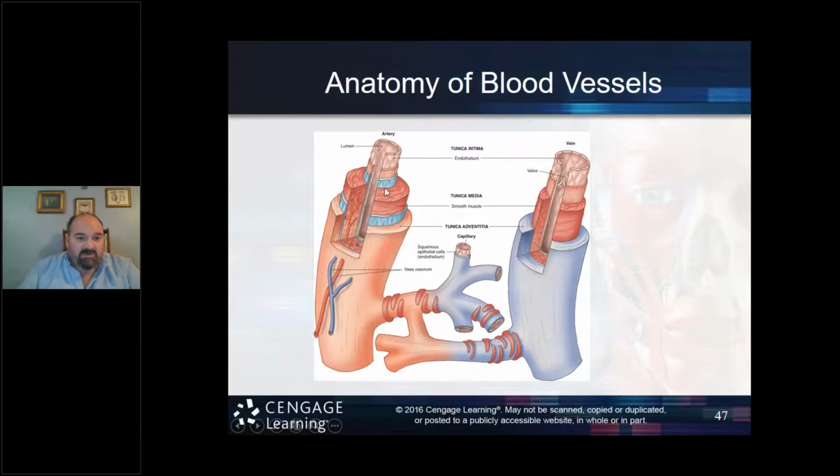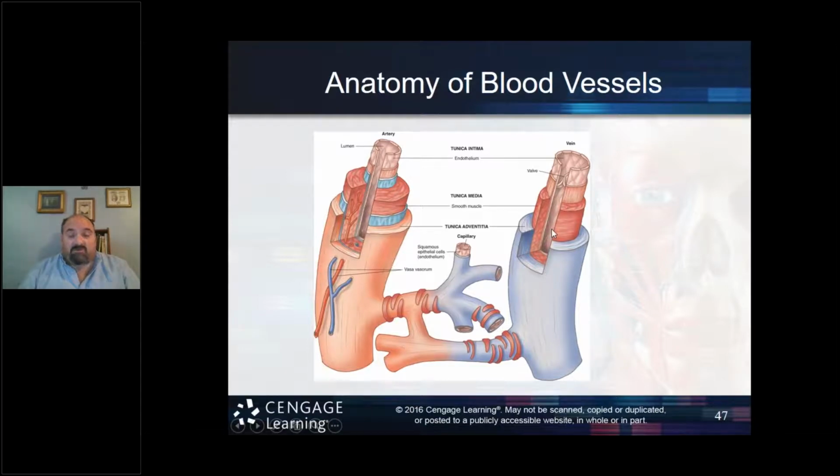Now, the arteries will not have valves present, but the veins will. See the valve right here? The veins will, because we don't want to allow for a backflow of blood. We want blood going from distal to proximal. Distal, right, the extremities, to our right side of the heart. Okay, so we want all that blood flow, and remember, right, high pressure, low pressure.